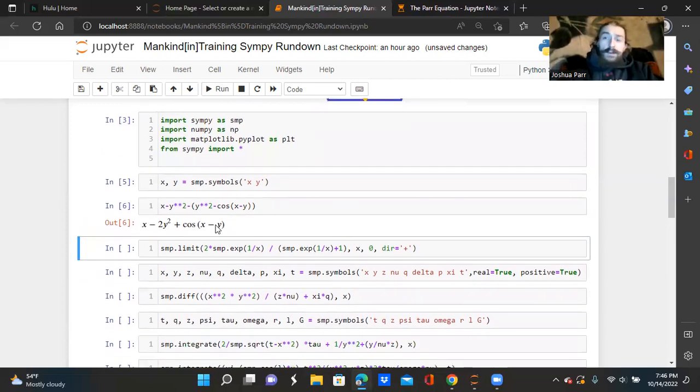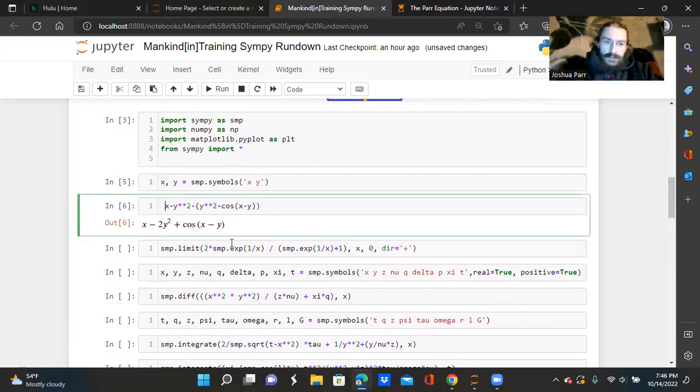And now I can evaluate this expression, or I can save this expression as express equals this.